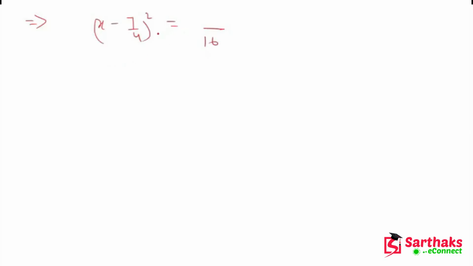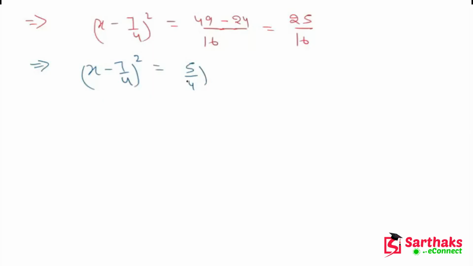This will become 49 minus 8 into 3, which is 24, so this will become 25/16. So we have (x minus 7/4) whole square equals (5/4) whole square, because 25 can be written as 5 square and 16 can be written as 4 square.